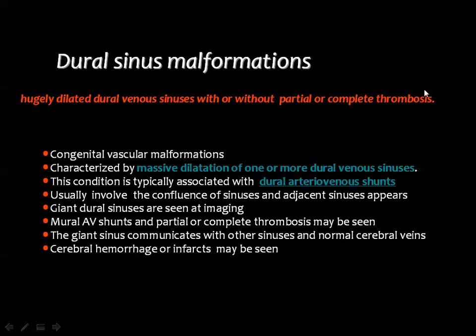Finally, we came to this issue, which is dural sinus malformation, and this is a congenital arteriovenous fistula between some of the branches of the circle of Willis and the dural sinuses. Because the sinuses are expandable and cannot tolerate the arterial pressure, the result of this malformation is a huge dilatation of the affected sinus.